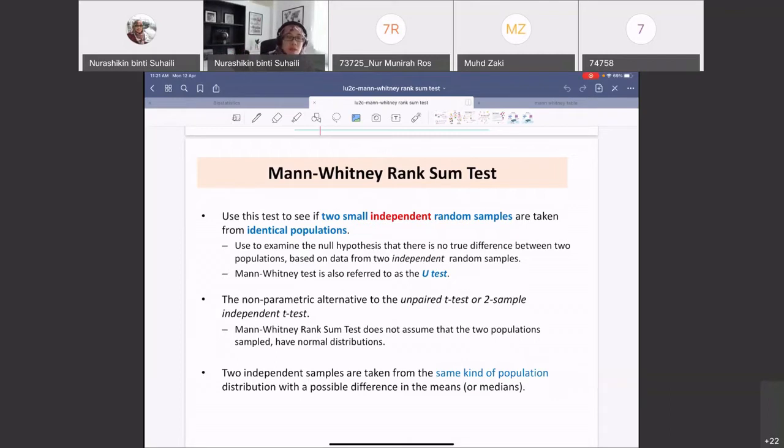At the end, you want to conclude whether there is any difference between Selangorians and Johorians in terms of their trend of internet usage. So you want to reach that sort of conclusion.